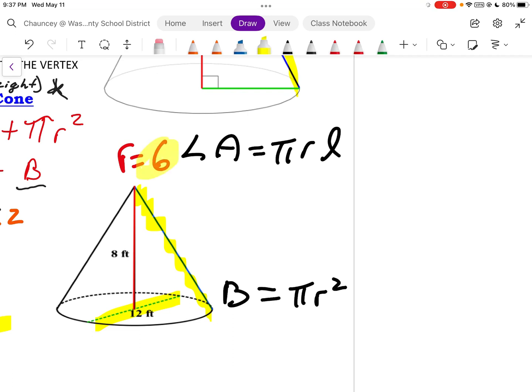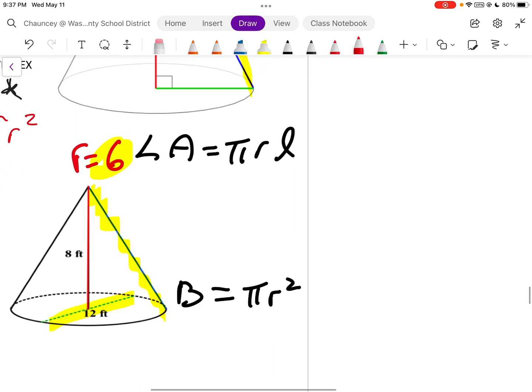First off, we need to figure out what our slant height is. In order to find our slant height, we need to use good old Pythagorean Theorem. We have our height, we have our radius. So all we're going to do is plug that in. Since this is a right angle, that is our hypotenuse, so we're going to put c squared on the other side of the equal sign.